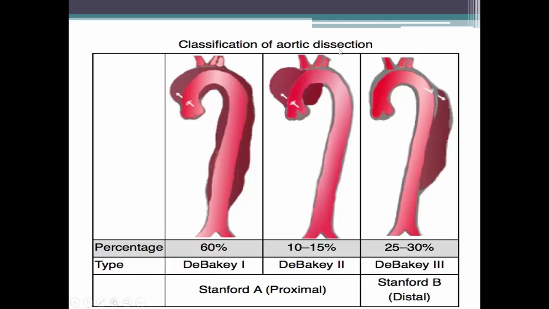So, classification of the dissection, mainly, is type 1, which is 60%, type 2, which is 10 to 15%, or type 3, which is 25 to 30%.